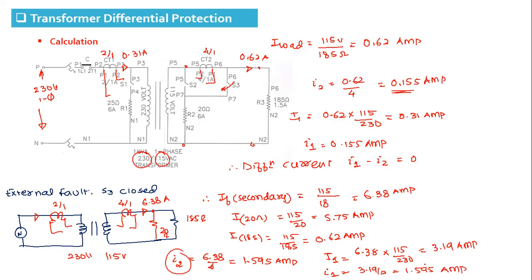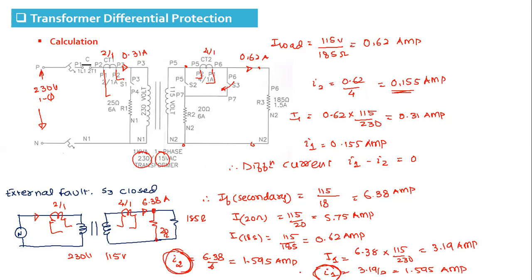So even though there is an external fault, the current through this primary will remain the same, and that is why the secondary current will be the same. This is theoretically, again I am saying, because of the error in the CT, you will see in the experiment that this current will not be the same. So there is a spill current flowing through the relay coil even when there is an external fault.